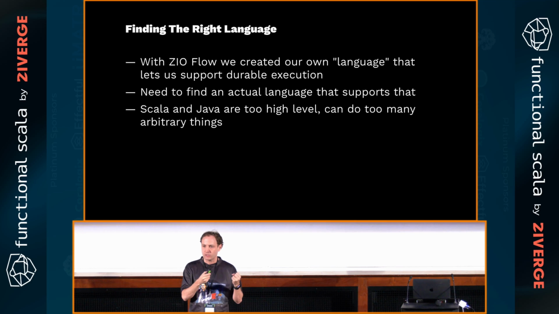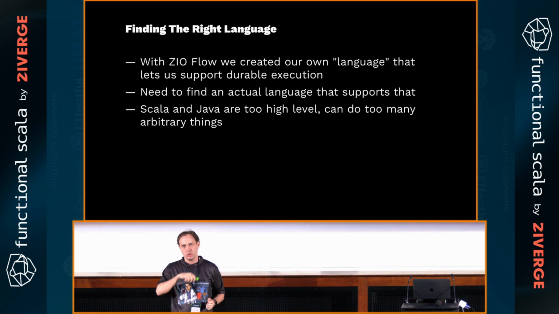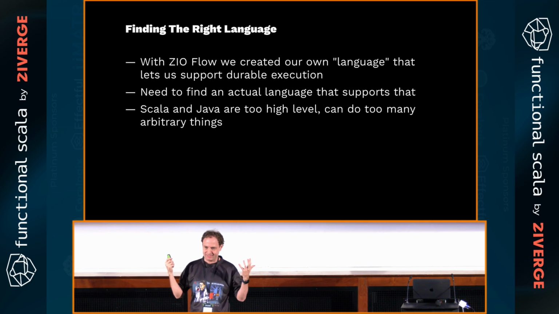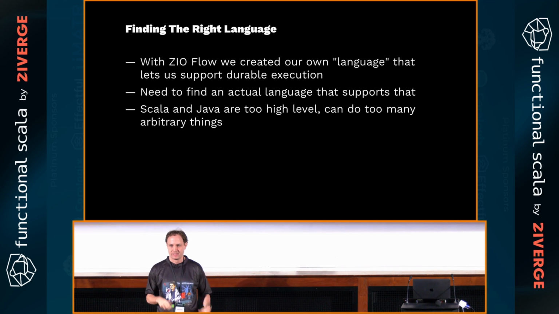So I'm trying to execute this program durably and see where I am and what's going on and save the state to replay it. But you've just randomly created some new thread that in 10 seconds is supposed to come and do something. How am I supposed to know about that? How am I supposed to recreate this thread? I can't do it when it's a completely unbounded domain like that.